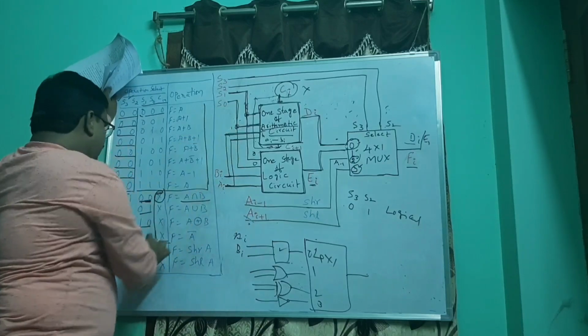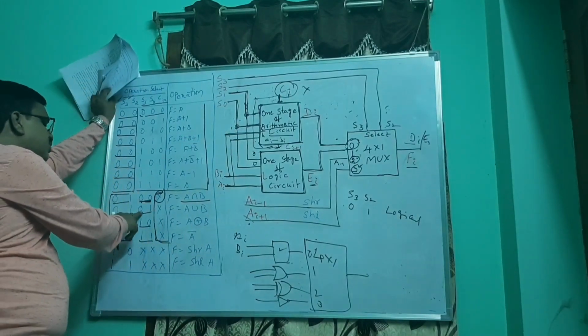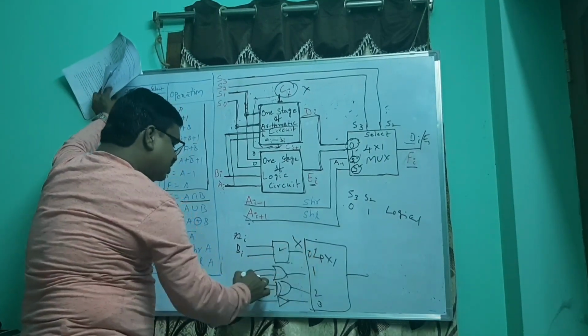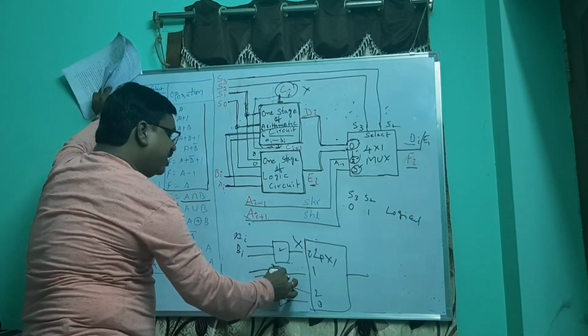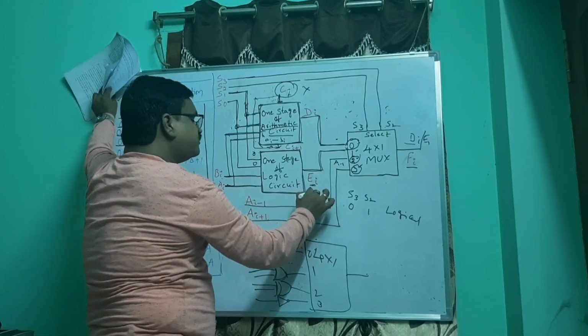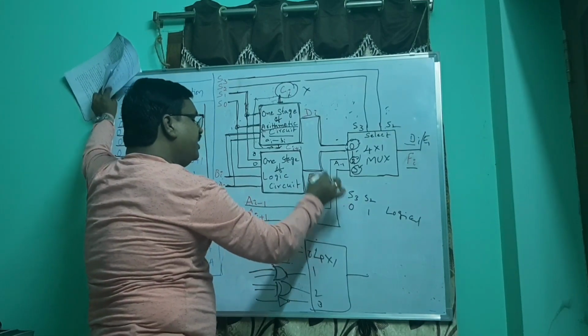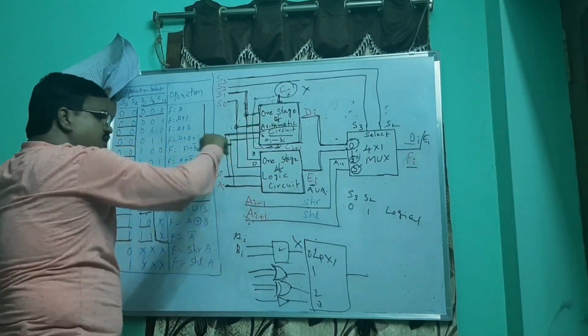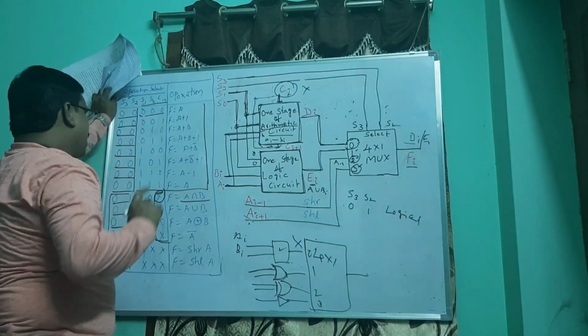Now, if S1 and S0 are 0 and 1, this OR operation will be performed, and A_i OR B_i will be given. I means here the i-th bit. Remember, this works for only 1 bit operation.